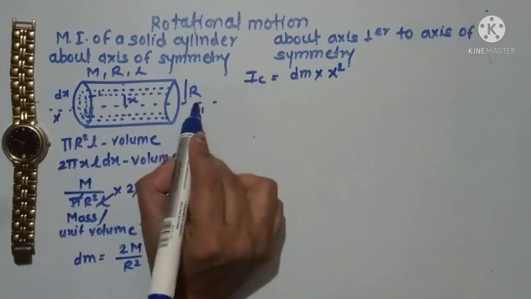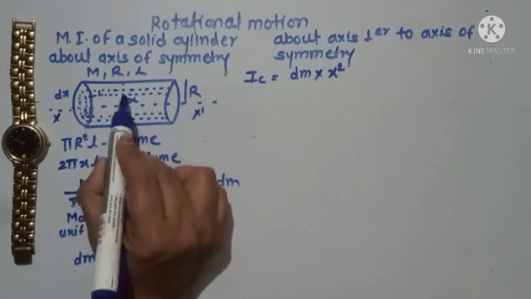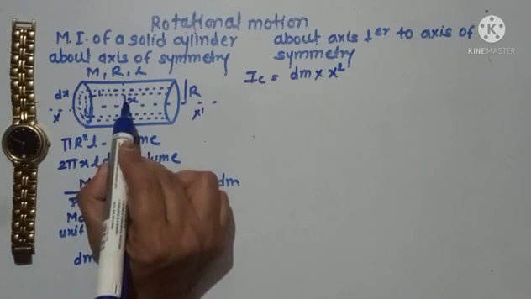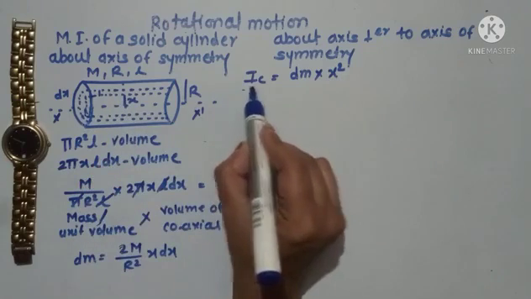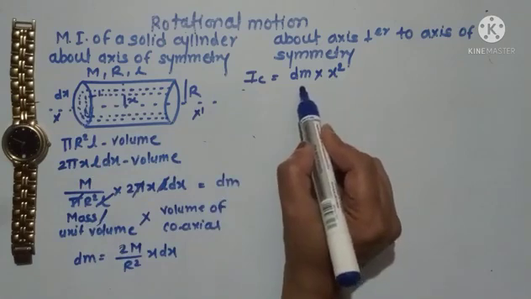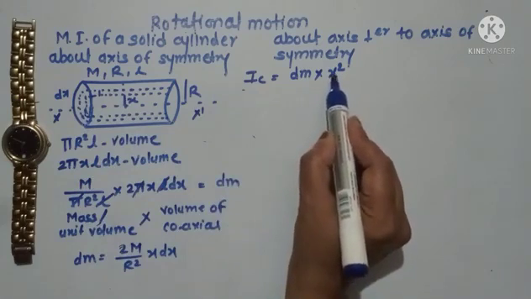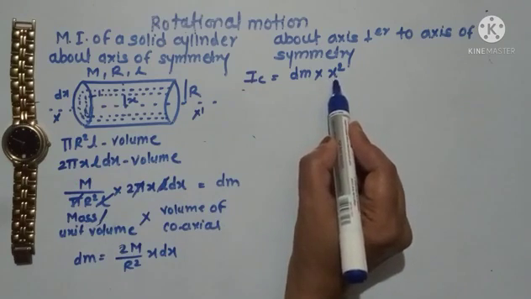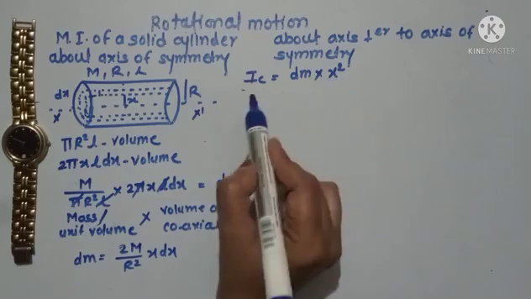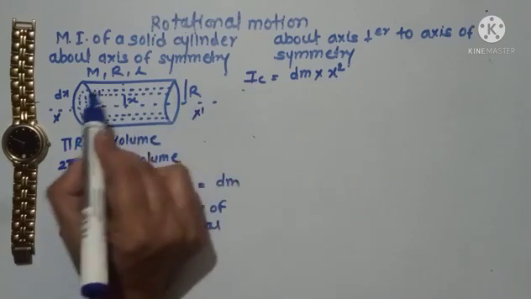This is the axis of rotation and the distance from it will be x. This is the definition of the moment of inertia, mass multiplied by the square of the distance from the axis of rotation. So this will be the moment of inertia of this coaxial cylinder.